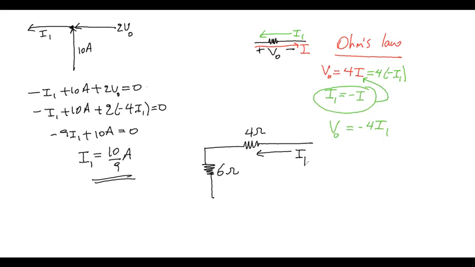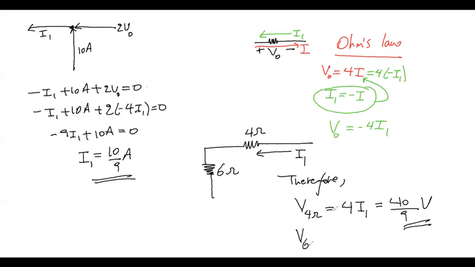So the voltage across the 4 ohm resistor is 4 times I1, which is 40 over 9 volts. And the voltage across the 6 ohm resistor is 6 times I1, which is 60 over 9 volts.